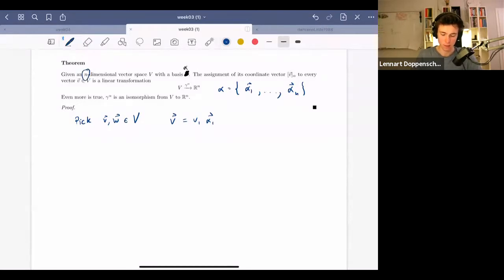Okay, so for both v and w, we have a linear combination in the alphas. It's convenient to denote the coefficients by v1 to vn because they are the coefficients that make up v. And w has a similar linear combination in terms of the alphas.